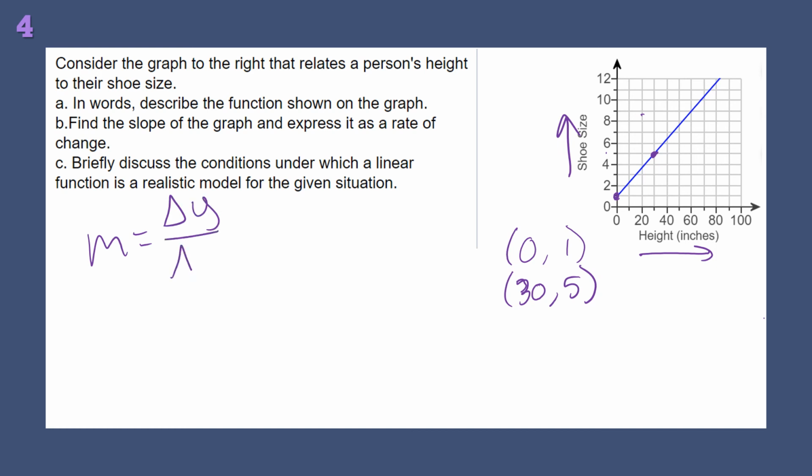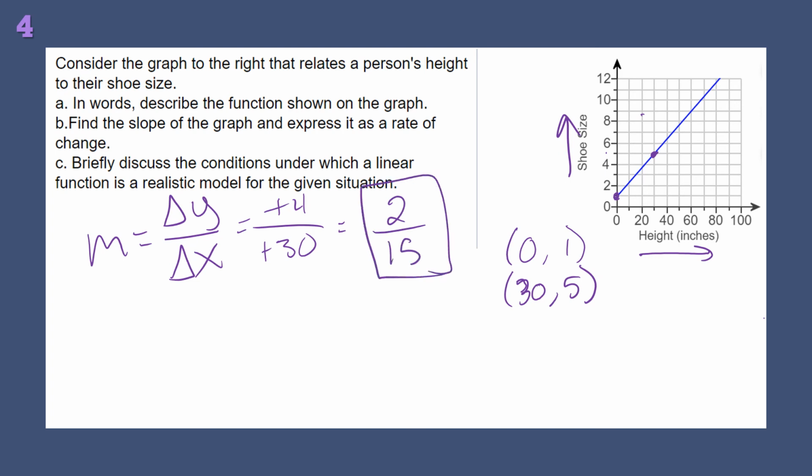Slope is change of y over change of x. So the y's go up 4, and the x's go up 30. And if we were to simplify this a little bit, we get 2 over 15 as our slope. Okay?